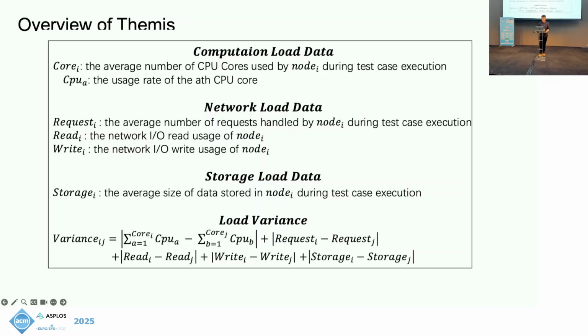The third part is the storage load data. This represents the average size of data stored in each node during the system runtime. The last part is a load variance calculation method to calculate the variance extent of each node currently in the running system.